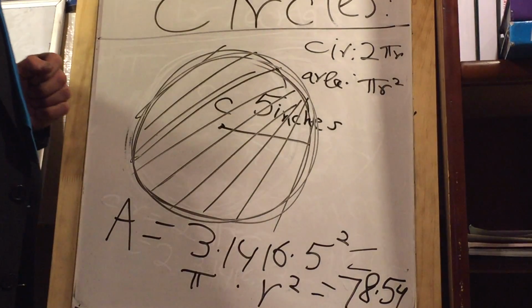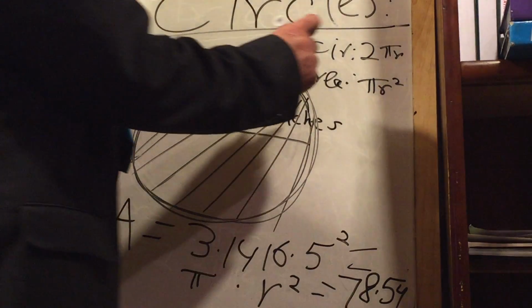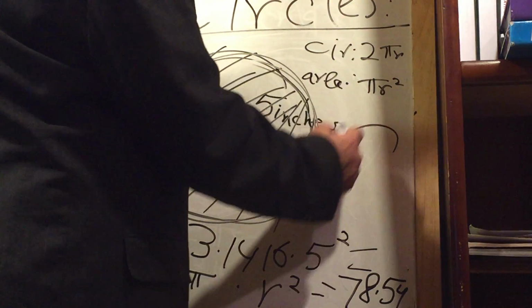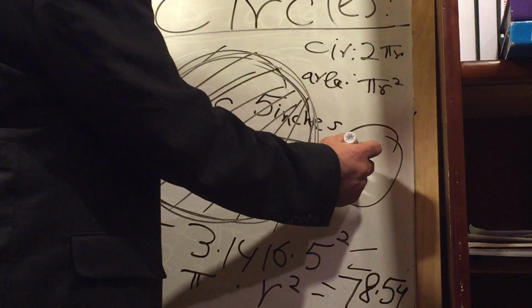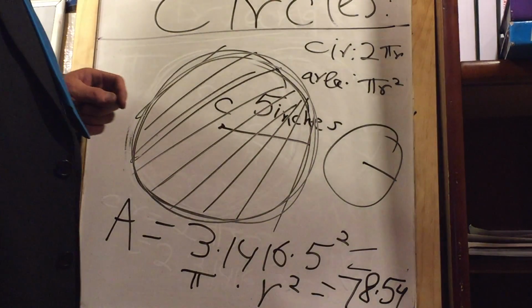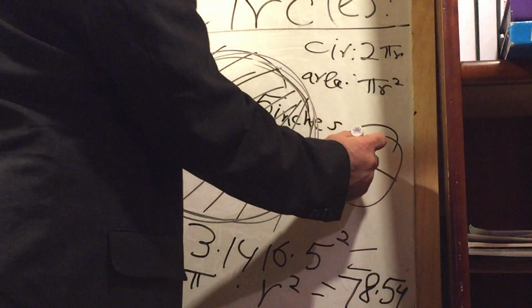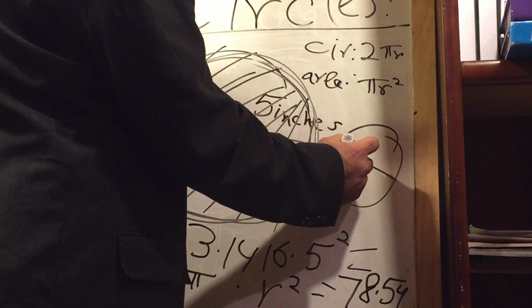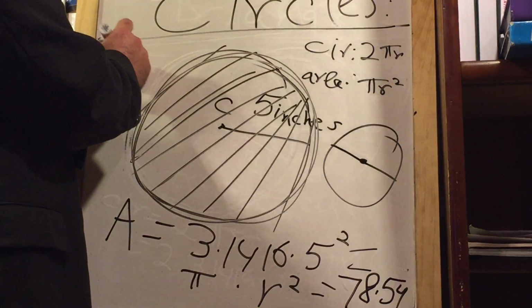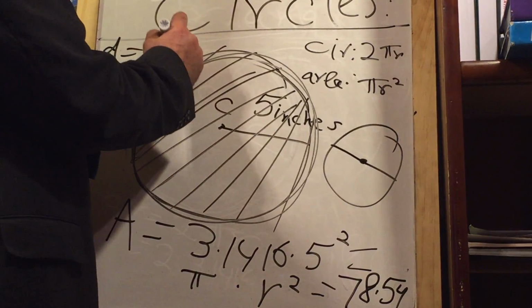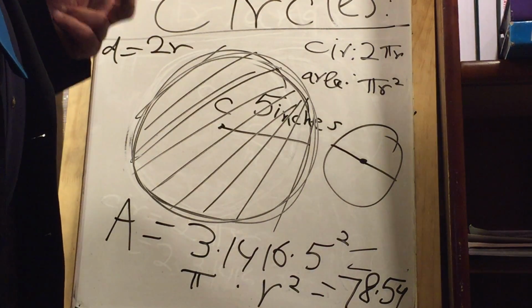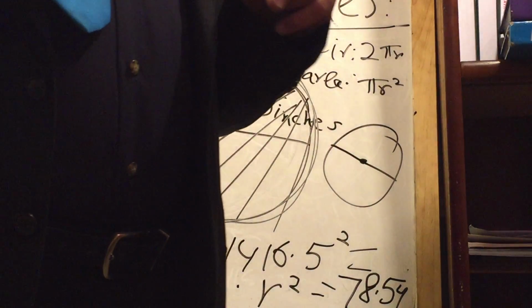Now, last note: if we have a circle and we have one radius, the diameter is 2r. Always. The diameter equals 2r. It's like saying 4 is twice 2.